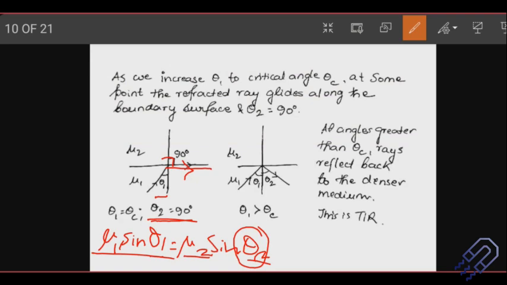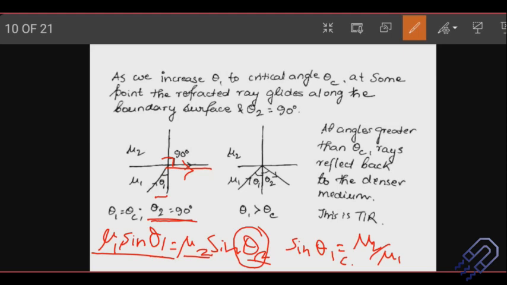That theta 1 is the critical angle. Sine of theta 1 is nothing but mu2 by mu1. So you see, it depends on the refractive index of the two media. And this theta 1 represents the critical angle, theta c.